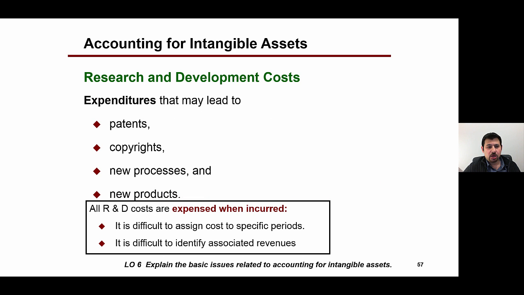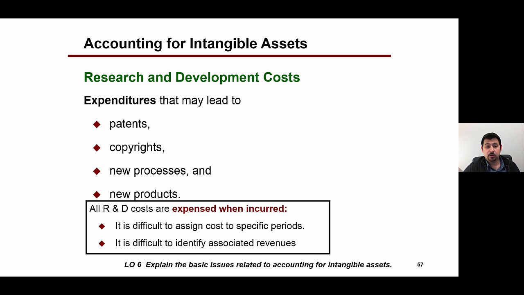Research and development costs are also a tricky one because in this case they may lead to patents, copyrights, new products, and because it is very hard to relate research and development costs to a specific product, they are usually expensed when they are incurred, because again it is very hard to identify whether they will lead anywhere or not.